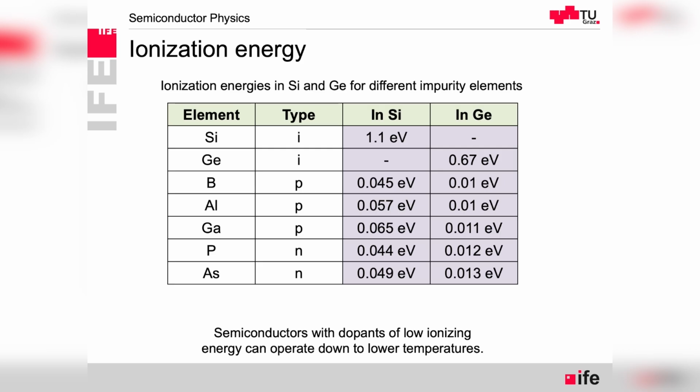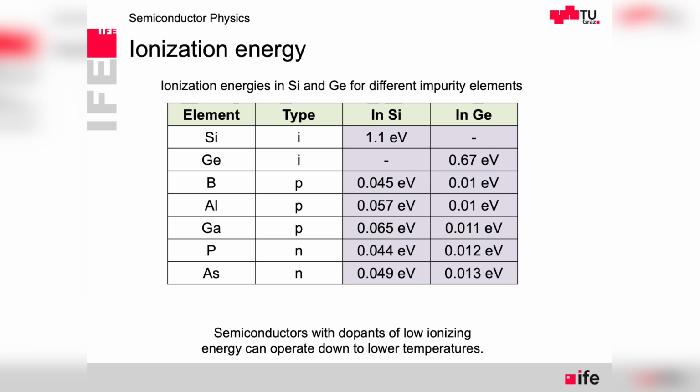And then this ionization energy for the different dopant atoms will be different whether we are in germanium or in silicon, just because they are different materials, even though the structure in both cases is 4 covalent bondings formed with the neighboring atoms.